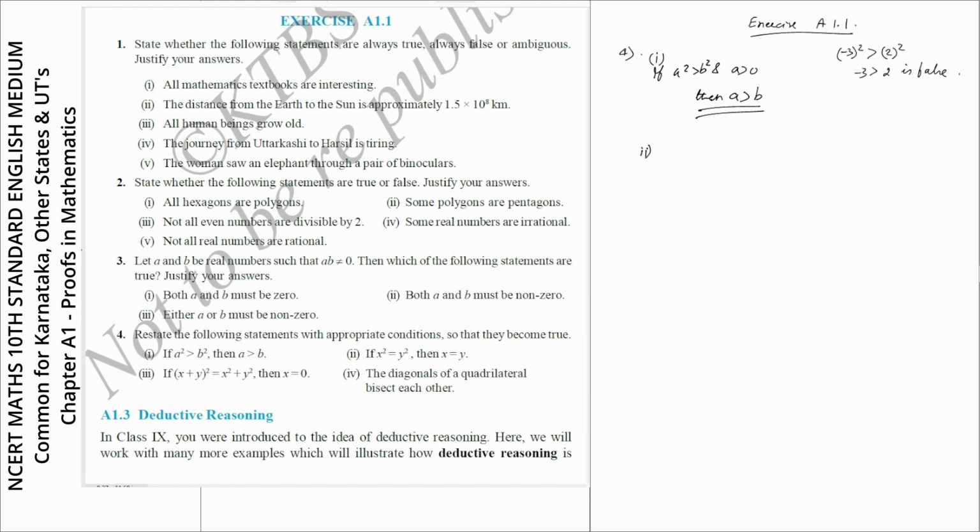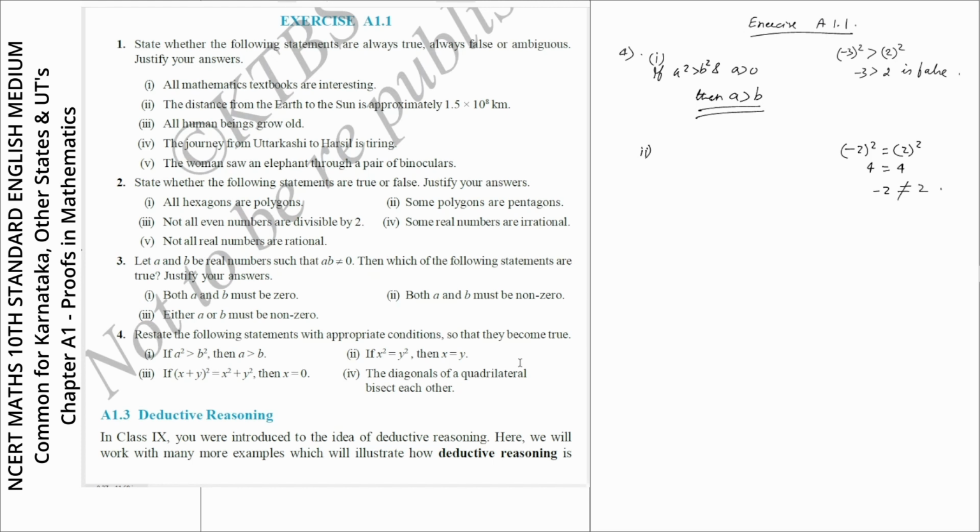Second sub question. If x square is equal to y square, then x is equal to y. Suppose I take x as minus 2 and y as 2. Minus 2 the whole square is equal to 4, and 2 the whole square is also equal to 4. Now, is x equal to y? Is minus 2 equal to 2? No, minus 2 is not equal to 2, right?